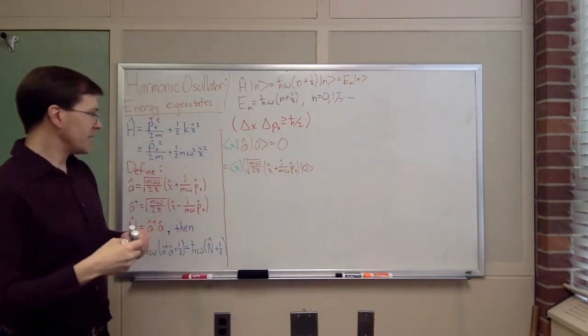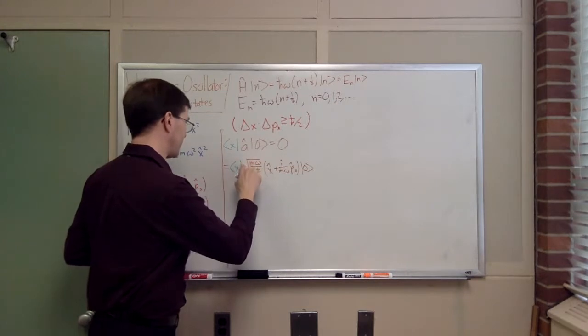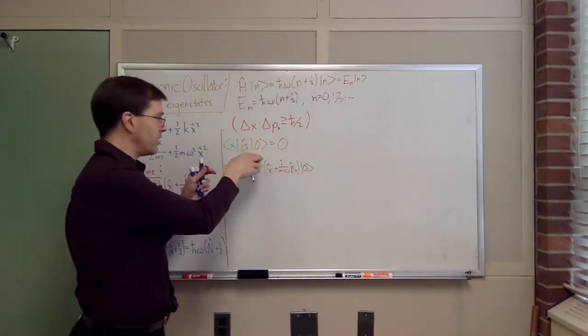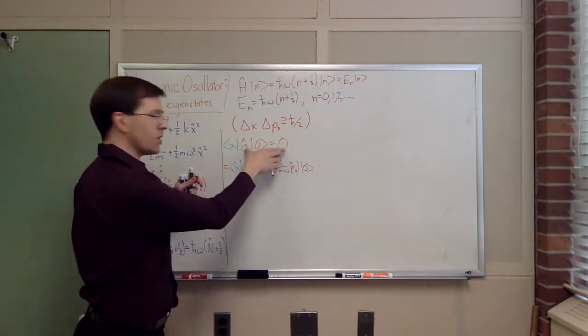So remember, I'm just going to get rid of this paren. It'll be fine. We know that this is the same as that by definition. But this form isn't as obviously 0 as that one is.